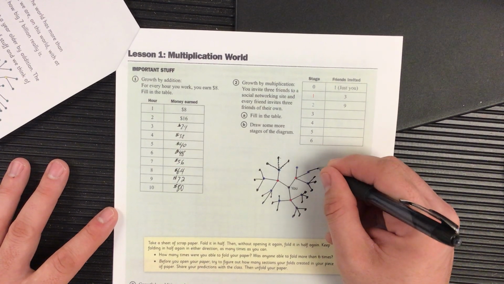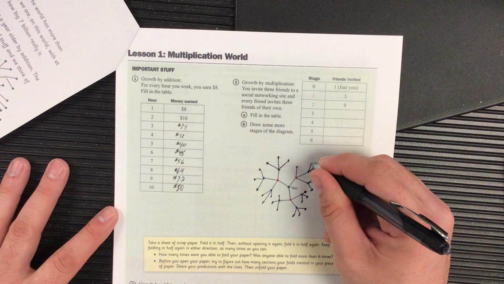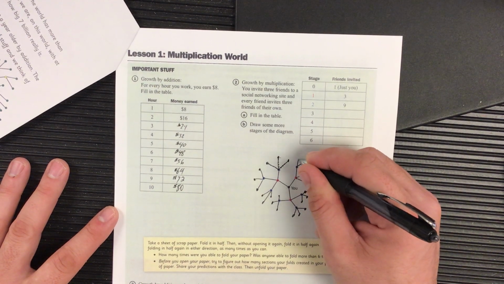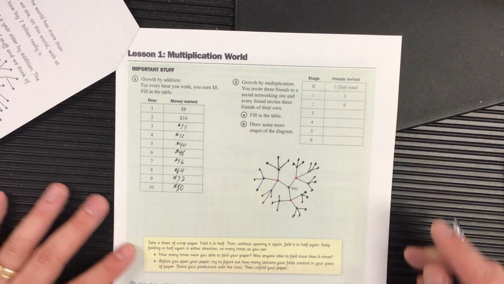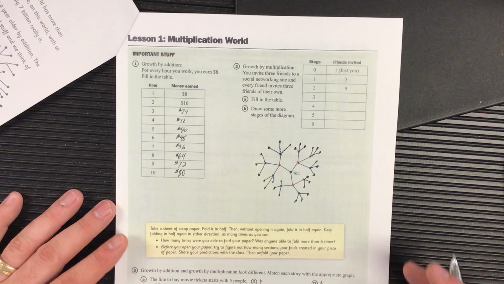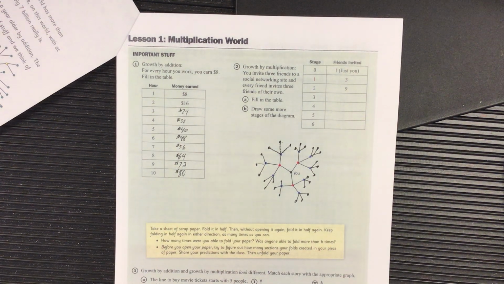So every end dot is getting 3 off of it. I could go on forever. Literally forever. How many outside dots do we have?